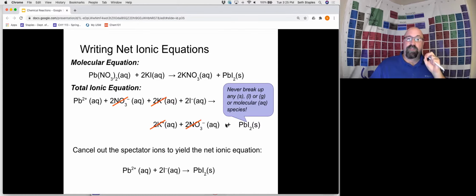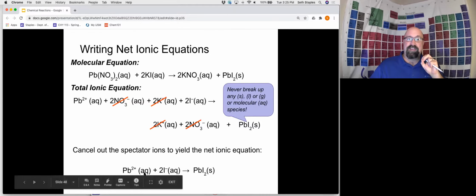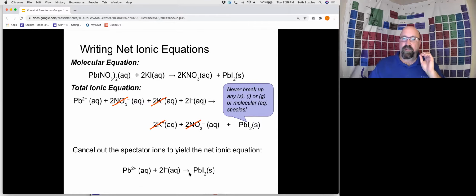Once we cross those out, what we're left with is our Pb2 plus and our 2 I minus forms PbI2. That is our net ionic equation. That depicts the actual chemical reaction that's taking place. It shows us the only real change that is occurring throughout this process.